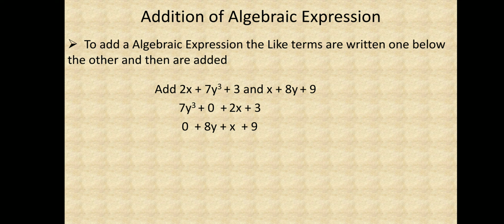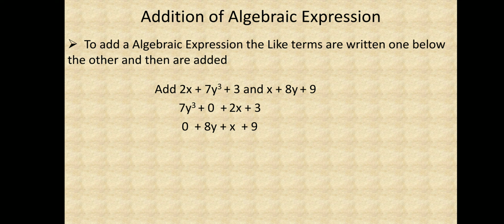You don't have any other term for it, so you add a 0 below. Next, you don't have a term which consists of only y in the first row, right? So you add a 0 again. Then 2x plus 3 we wrote, as said, and after that you have x plus 8y plus 9.